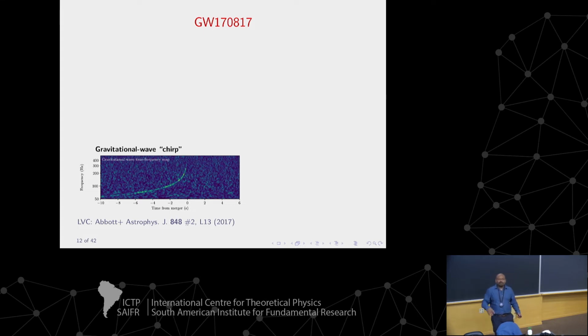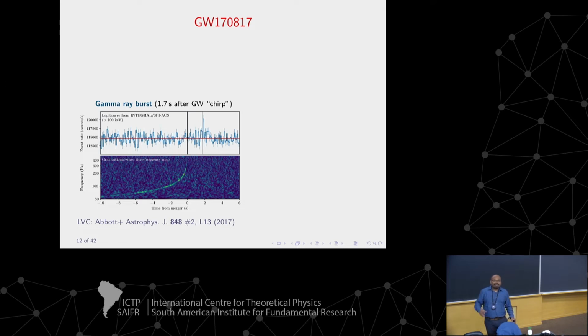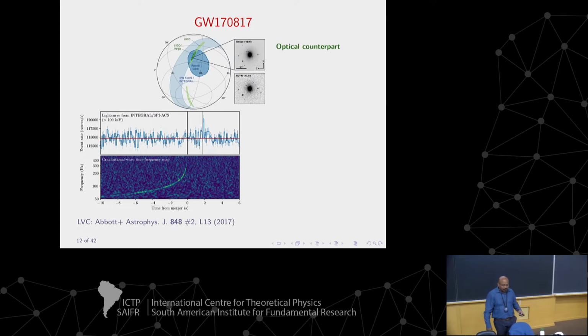In fact, we were not so lucky to observe neutrinos from this, but about 2 seconds after the gravitational wave signal, there was a gamma ray burst, and about 10 hours later, this patch of the sky was being followed up, and an optical counterpart was observed.